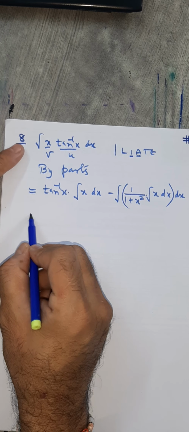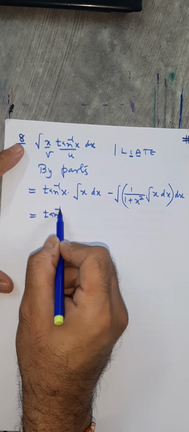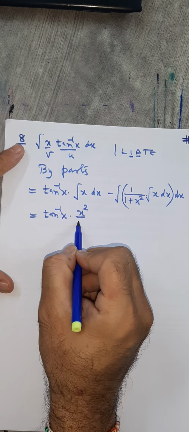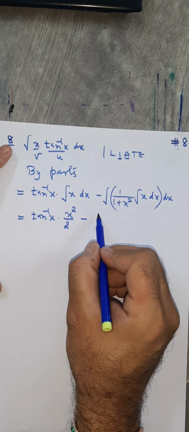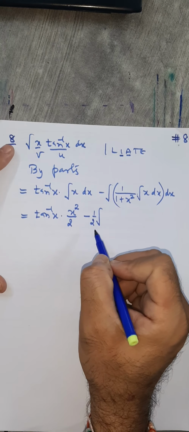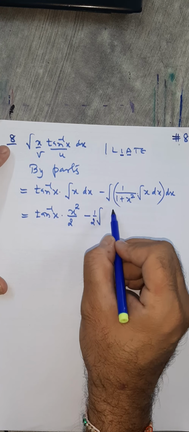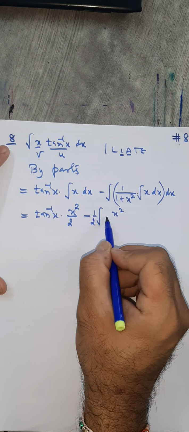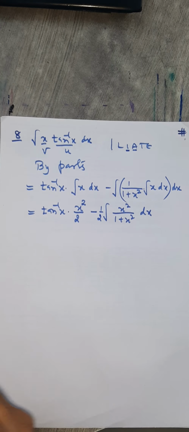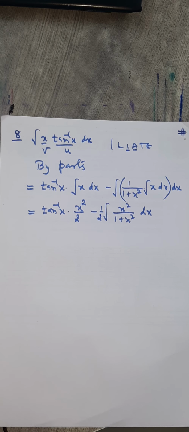So this is equal to tan inverse x into integral of x, which is x squared by 2, minus, here same thing, x squared by 2. I'll keep 1 by 2 outside here, and this is x squared upon 1 plus x squared. Now again the other part of the integration, which is very important here.